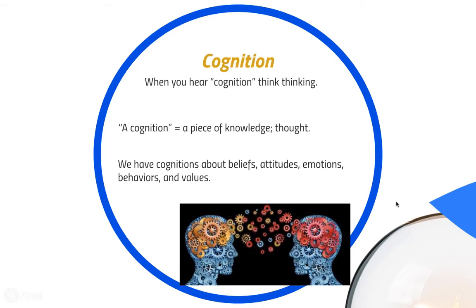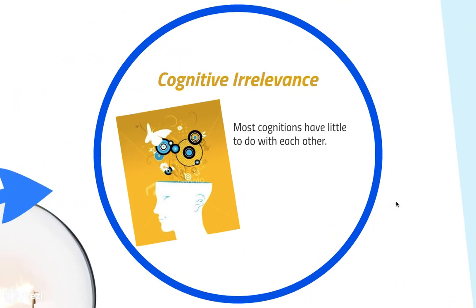Did I leave the oven on? Ooh, he's really cute. The square root of 64 is 8. And like these 3 examples, many of the ideas that we have floating around in our brains have very little to do with one another. When our cognitions don't have much to do with each other, we call this cognitive irrelevancy.